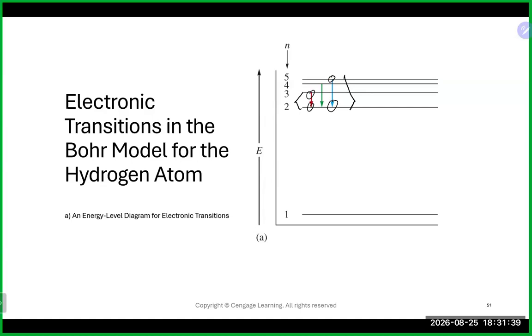As we talked about a little bit last time as well, when you see these line spectra, you can make a rough estimate of how far that electron is transitioning based on the colors that you see.